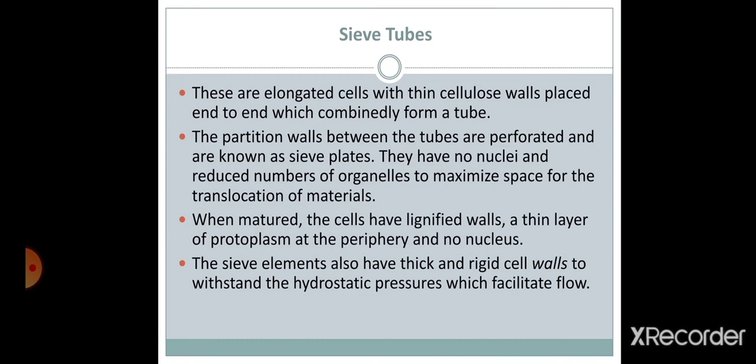Okay, so the precursor of the sieve element grows in length, and the cytoplasm becomes more and more vacuolated.